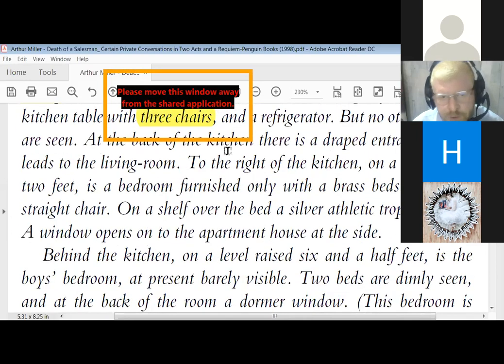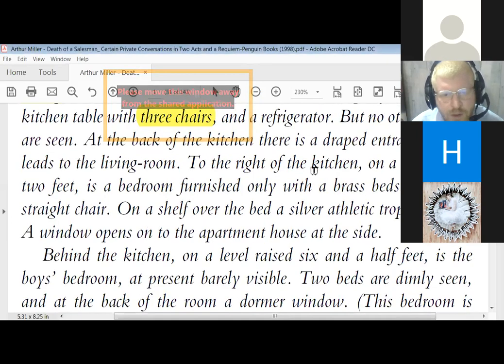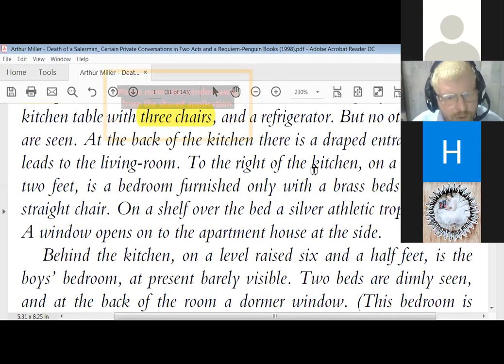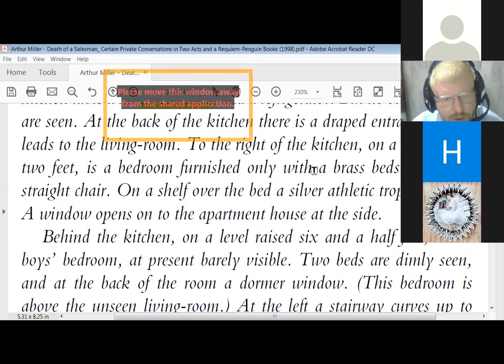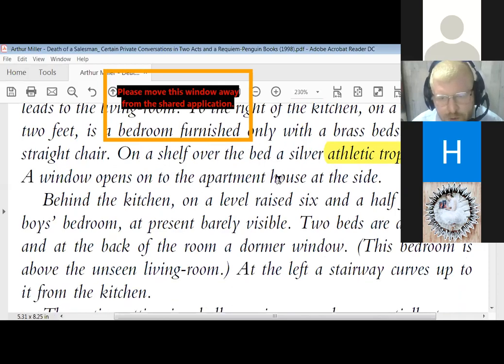We are supposed to have a family of 4, and instead of having 4 chairs, we have 3 chairs. Okay, keep that also in mind. To the left of the kitchen, on a level raised 2 feet, is a bedroom furnished only with a brass bed and a straight chair. On a shelf over the bed, a silver athletic trophy. This is also important. Beside it stands a window that opens on the apartment house at the side.